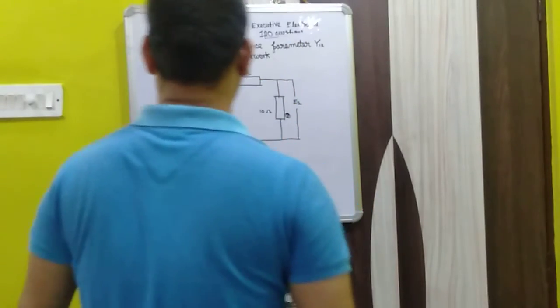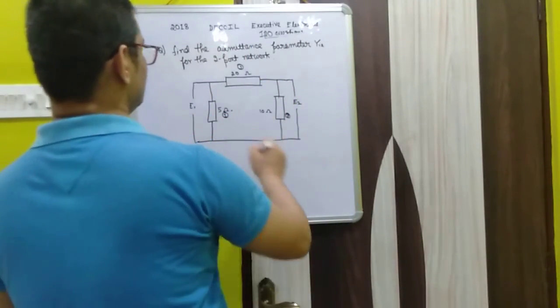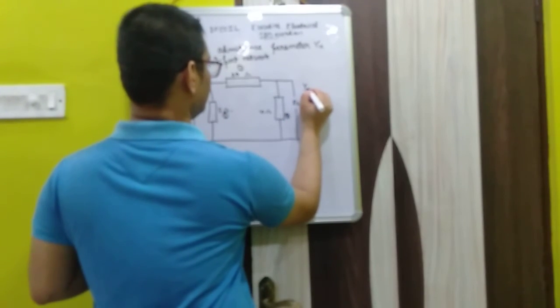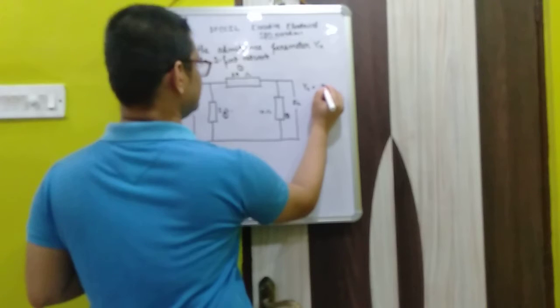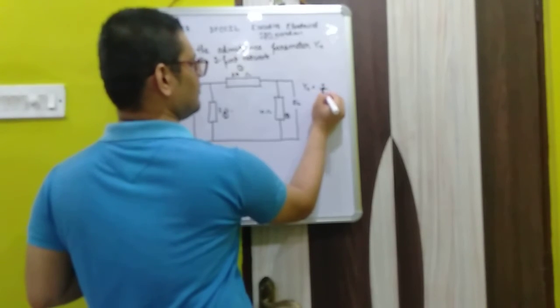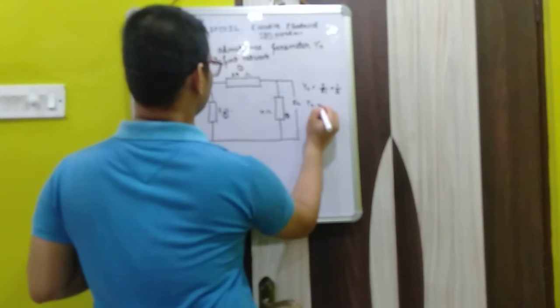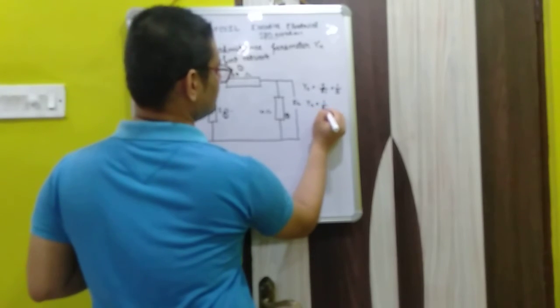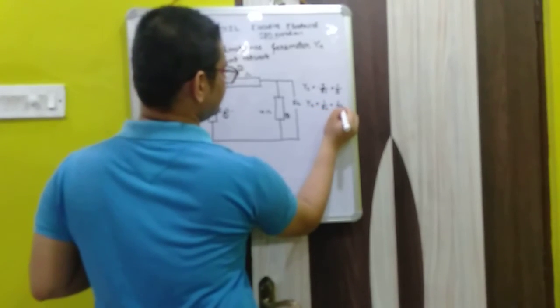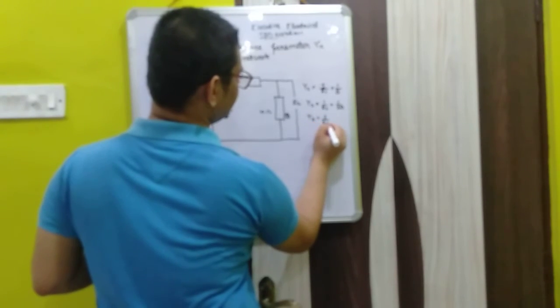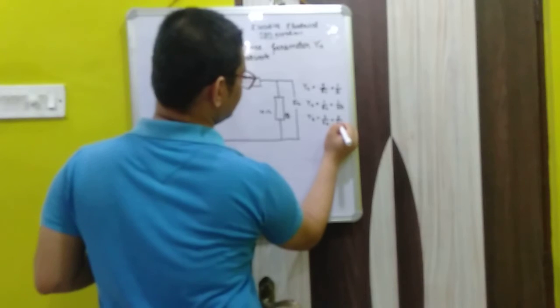So now how has he calculated Y12? We know in general that admittance is inversely proportional to resistance. Y1 will be 1 by R1, that is 1 by 5. Y2 will be 1 by R2, that is 1 by 20. Y3 is 1 by R3, that is 1 by 10.